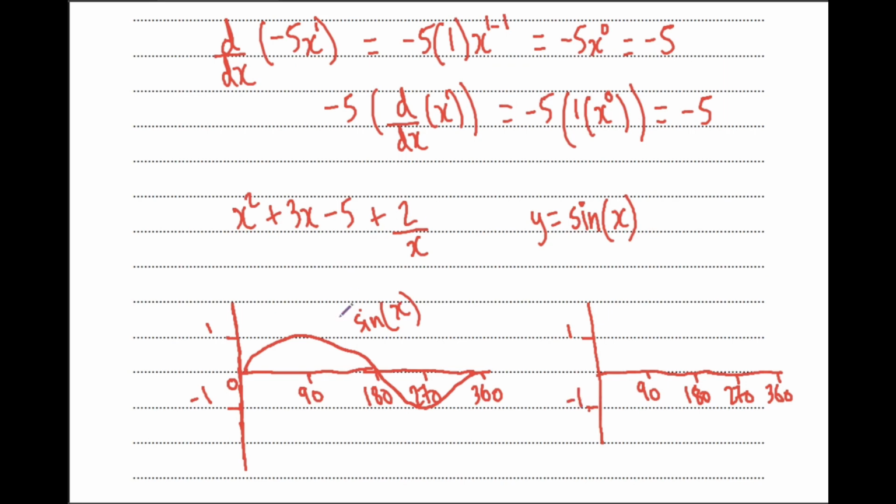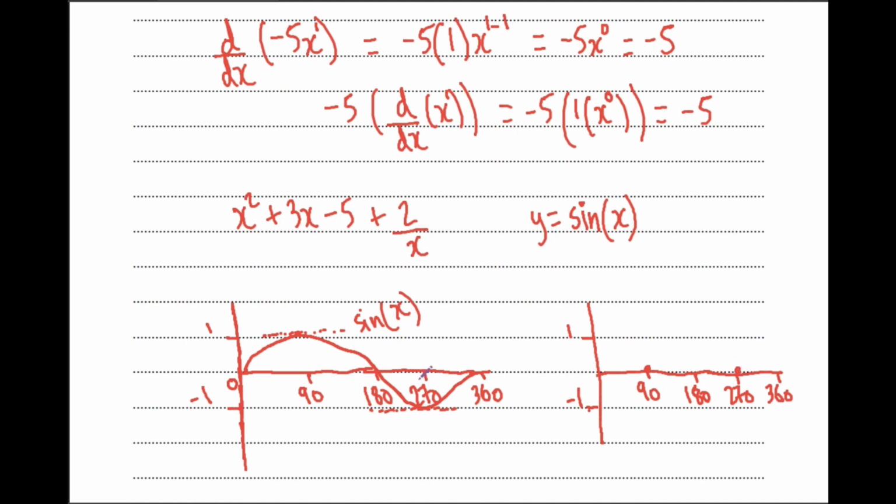Now, I want you to look at the derivative of sine at 90. If you draw a tangent to sine at 90 degrees, you'll see it's a horizontal line. That means the derivative is 0. So let's put the point 90 and 0 over here. And I want you to draw the tangent to the line at 270, and again, of course, the derivative is 0. So put another point at 270 and 0.